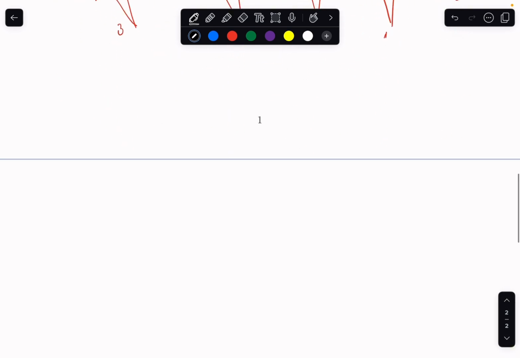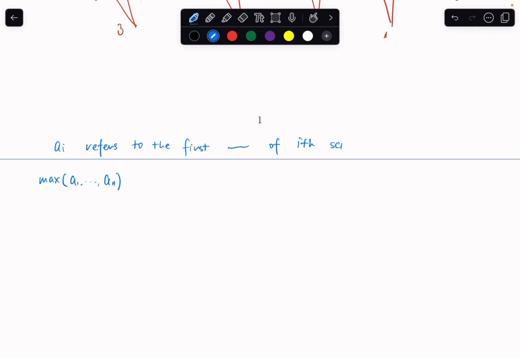So you can see that, let A be the maximum of A1 to AM, where Ai refers to the first-day opinion on the proposal of the ith scientist, and let B be the minimum.